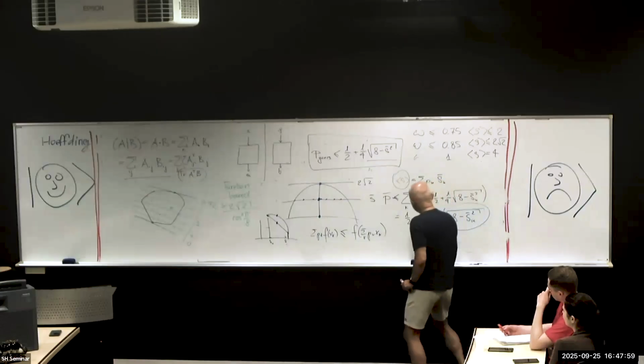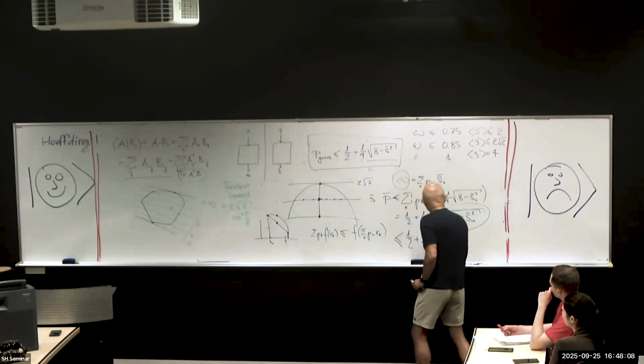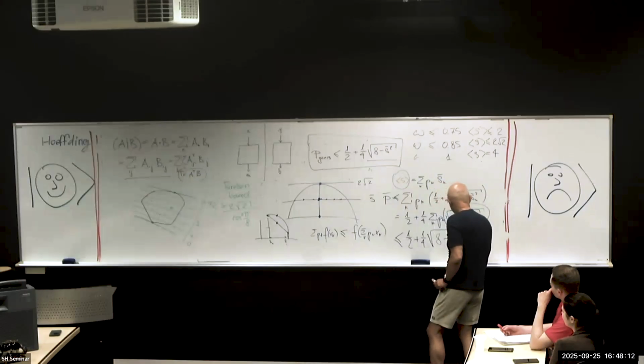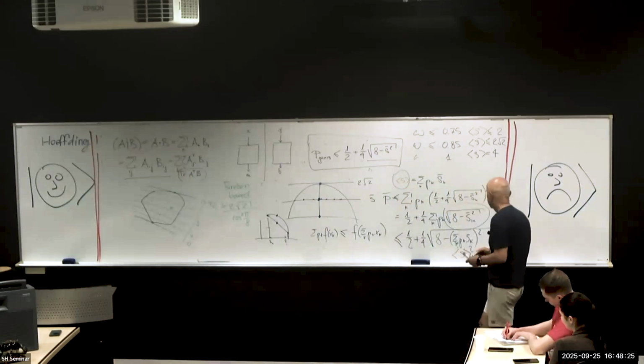So when you apply it to this, you will get half plus 1 over 4 times the square root of 8 minus the sum over k P sub k S sub k squared, which is the observed value squared.